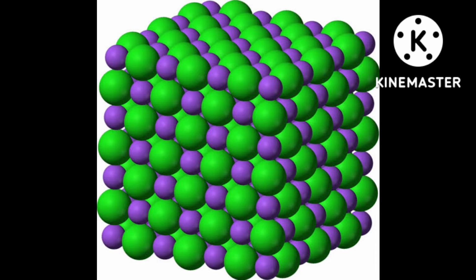Now come to the van der Waals radius. What is this? The van der Waals radius represents the overall size of the atom, which includes the valence shell in a non-bonded situation. Non-bonded situation means the valence shell is there, electrons are there. That time obviously its size will be more. When the valence last orbit is not there, then size will be small.